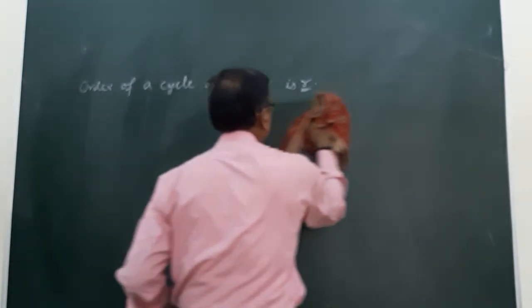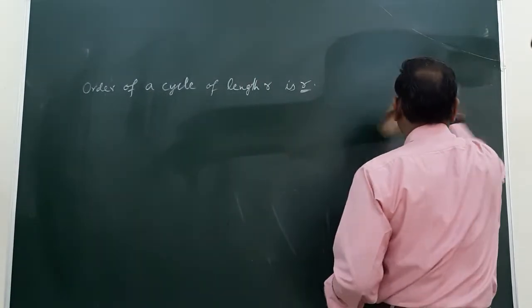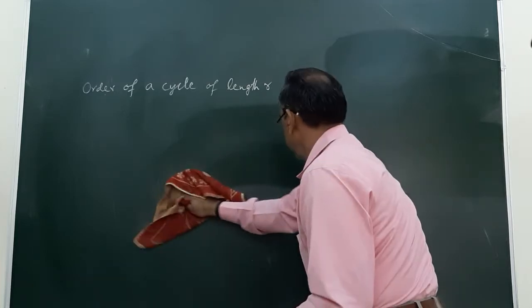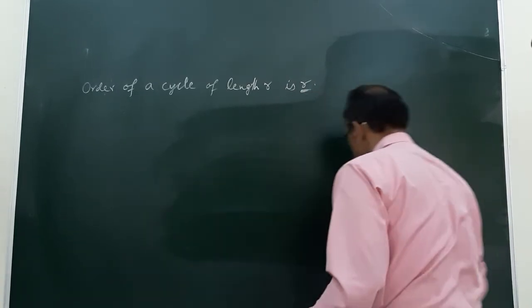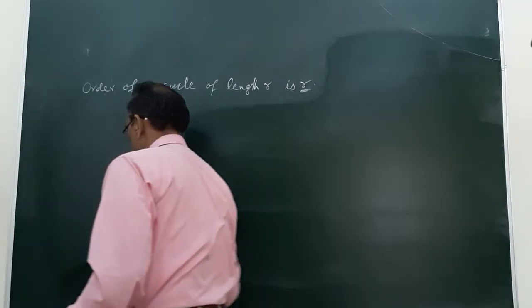Order of a cycle of length R is R. How can we prove this? Suppose we have a set x1, x2, up to xn, meaning n elements.